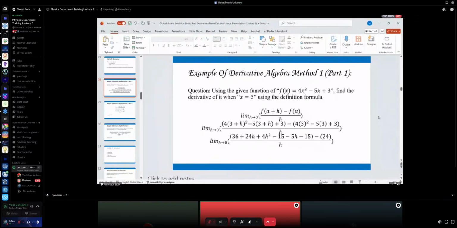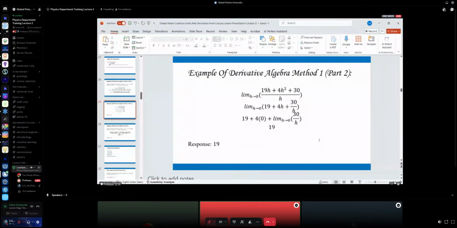Since we know a is 3, we need to input 3 plus h in this function wherever there's x, and then we also need to put in 3 for a in the corresponding places for f of a. You simplify it. Just to help you out, guys, this is basically what it is. You do cancellation and so on, and there's minus 24, and then you do this, and so on.